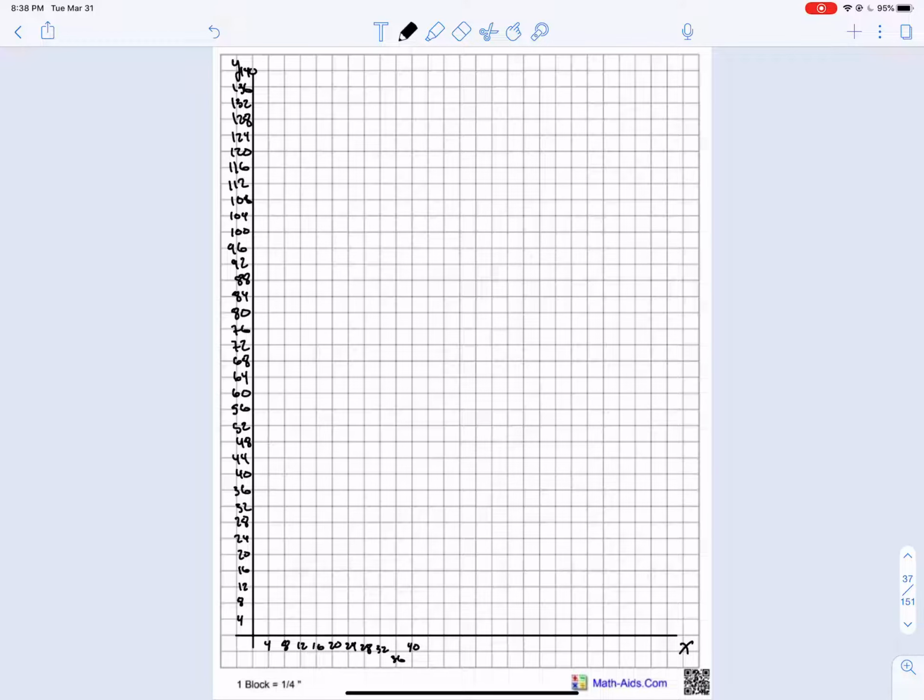We'll skip around a little bit so it's easier to write. 40, 44, 48, 52, 56, 60. That's all we need. This is minutes, and the y is heart rate. Heart rate, minutes, numbers, we are good.